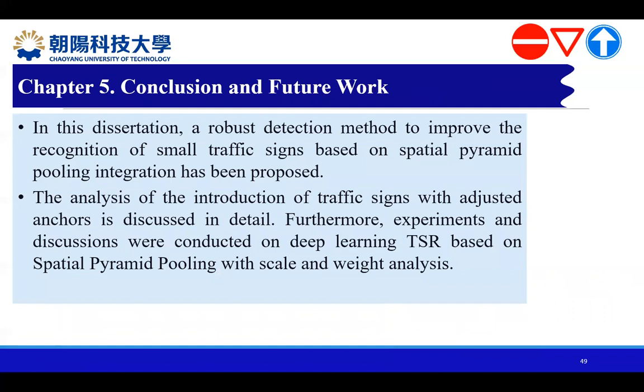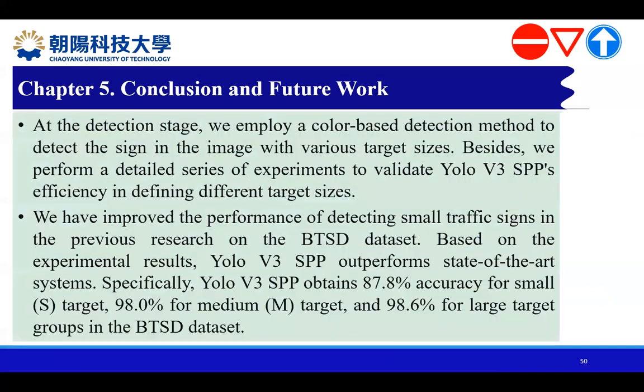This is our conclusion and future work. In this dissertation, a robust detection method to improve the recognition of small traffic signs based on spatial pyramid pooling integration has been proposed. The analysis of the introduction of traffic signs with adjusted anchors is discussed in detail, and the experiments and discussion were conducted on deep learning TSR based on SPP with scale and weight analysis.